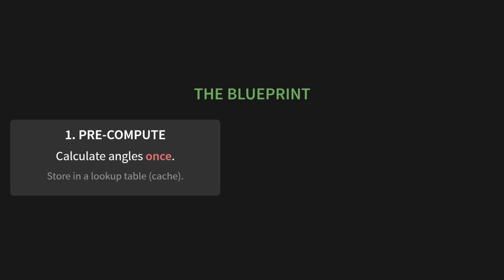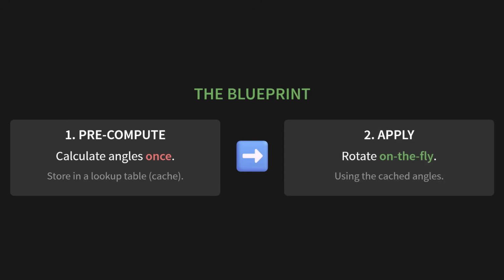We're going to calculate all the rotation angles we'll ever need just once and store them in a lookup table. Think of it as a cache. Then, step 2, apply. We'll take those cached angles and use them to rotate our vectors on the fly during the forward pass. Okay, let's dive into part 1, pre-compute.